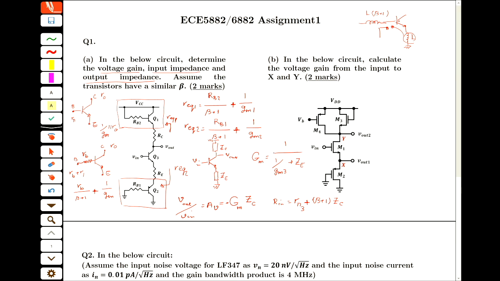No, you cannot. Because in the degenerative transistor, when we put a degenerative load in the emitter or in the source, it changes the GM of the transistor.